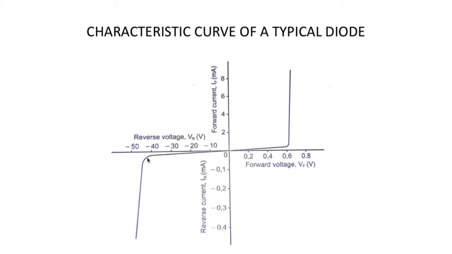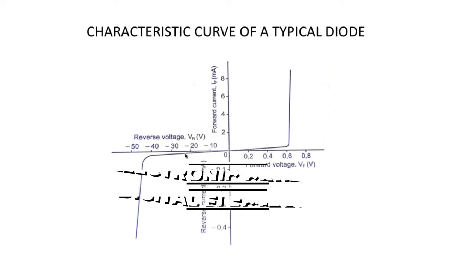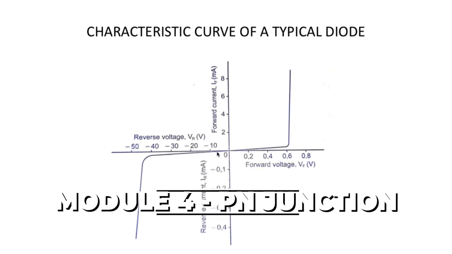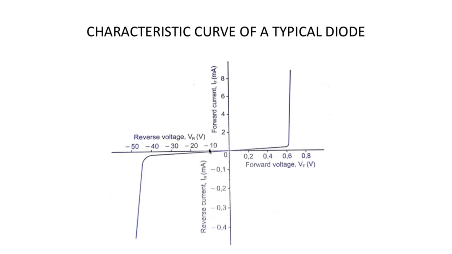The applied voltage is known as the breakdown voltage. If you look again at our slides, on the negative reverse voltage there is minus 10 volts, minus 20, and so on. The reverse current starts to pick up at minus 40. At minus 40, the applied voltage is known as the breakdown voltage.